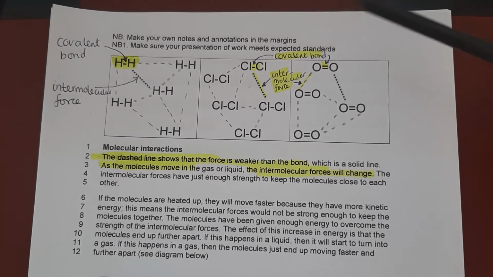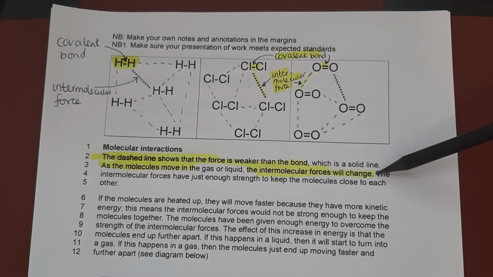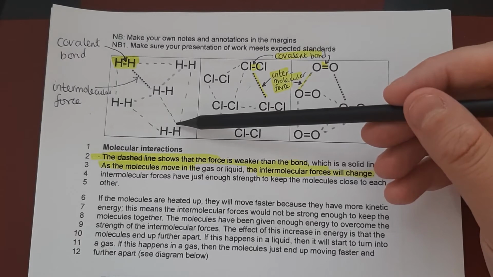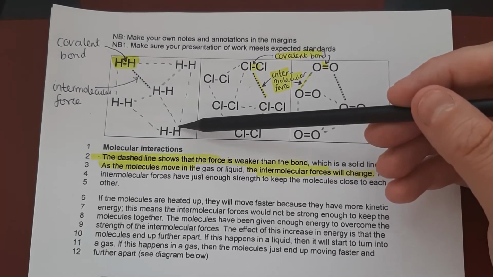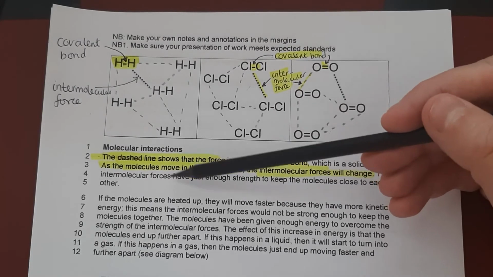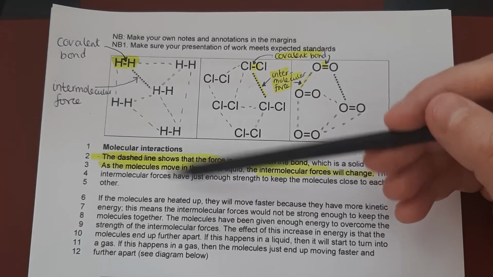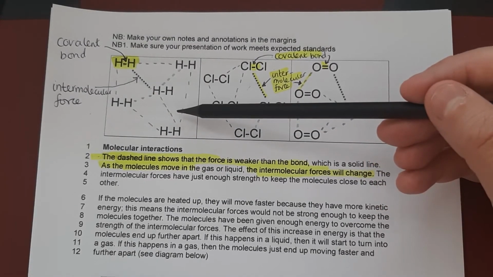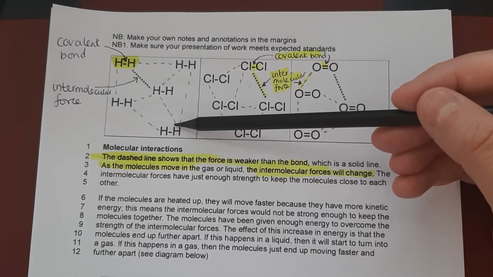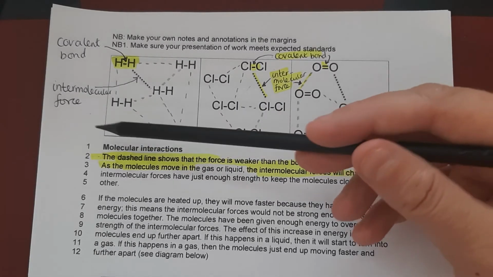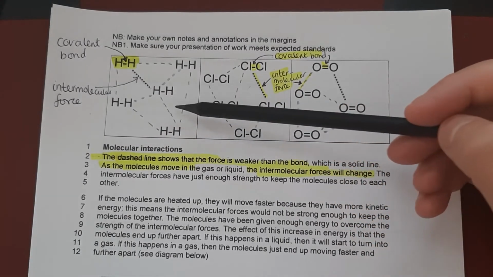So as these molecules move around in their gas or their liquid, the intermolecular forces will change. The reason for this is because these individual molecules are moving, and their position in relation to each other changes. So as some molecules drift further away from each other, these forces will be broken, they will be overcome, they'll be too far apart for there to be a force. Whereas new intermolecular forces are remade.